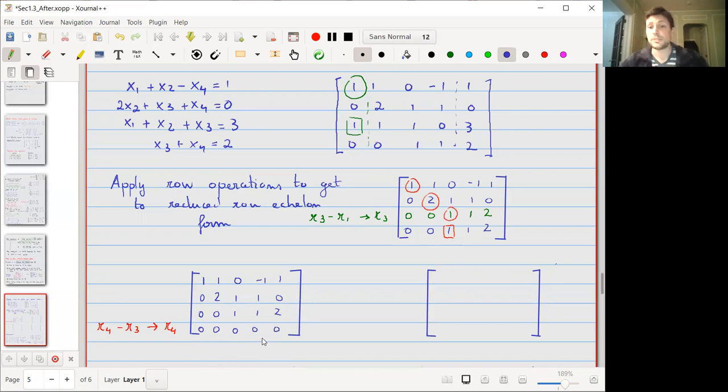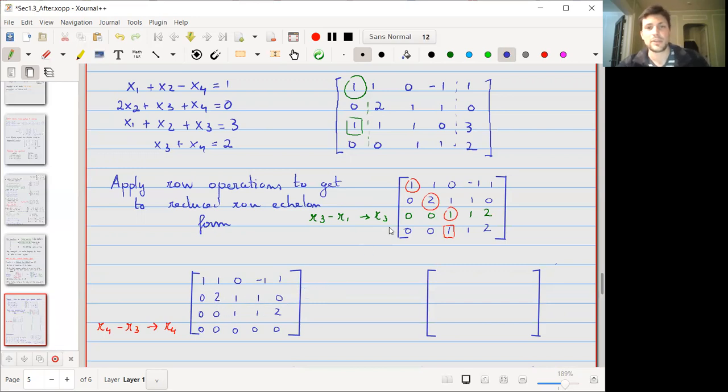Rows of zeros need to be at the bottom for a reduced echelon form matrix, which is fine. That's where this row of zeros is. The leading entries in this matrix are satisfied. They are as they should be in a reduced row echelon form matrix because they lie to the right of the ones above them.